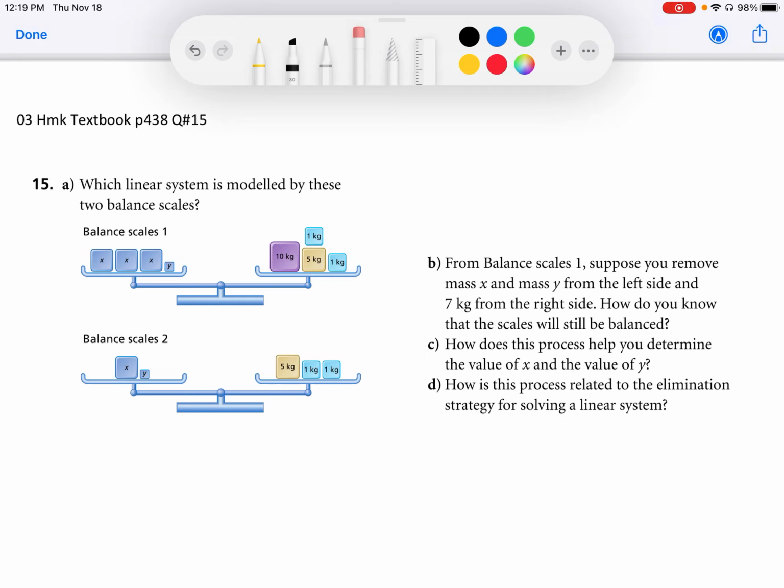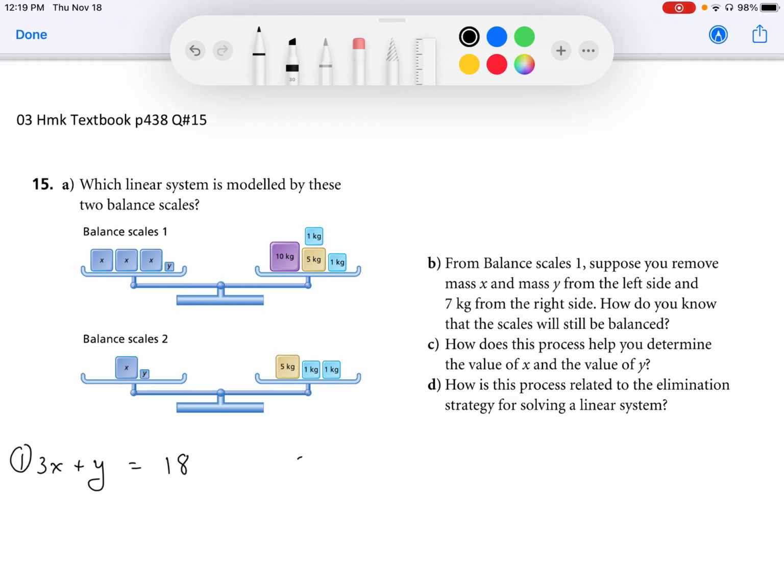In this case, we could write our first balance as 3x plus 1y is equal to, it looks like here, 18 kilograms.